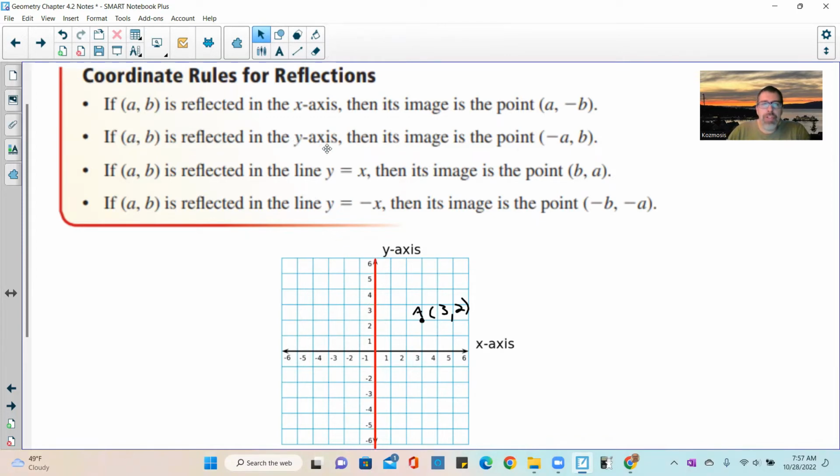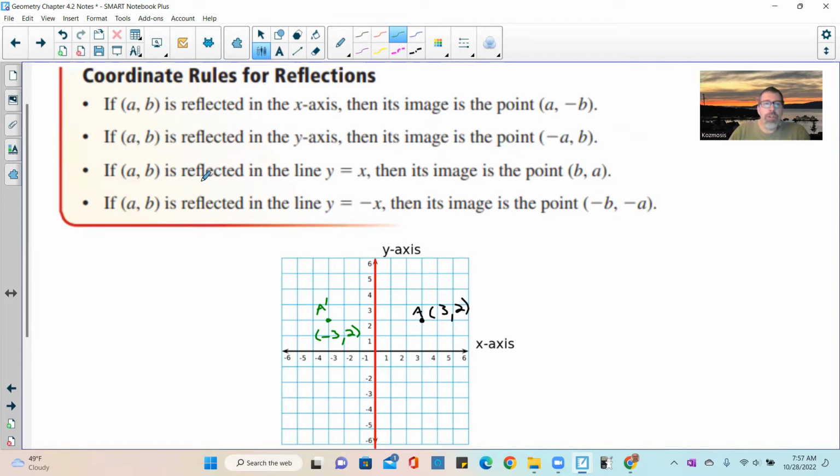If A,B is reflected in the y-axis, so I have the point 3, 2 still, I'm going to reflect it. So I have to go over 1, 2, 3 to get to the line, 1, 2, 3 to get to the other side. That is A prime. That is the point -3, up 2. So notice A,B, 3, 2 became -3, 2, or the A gets negated. From A,B, the B stays the same, but the A is negative.